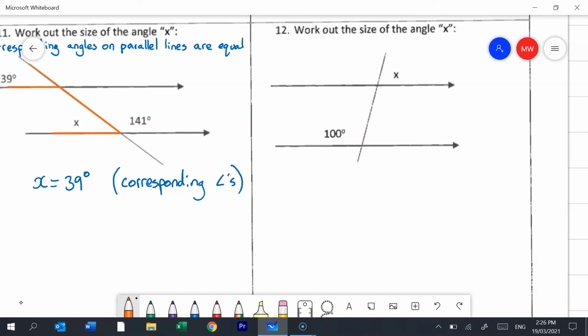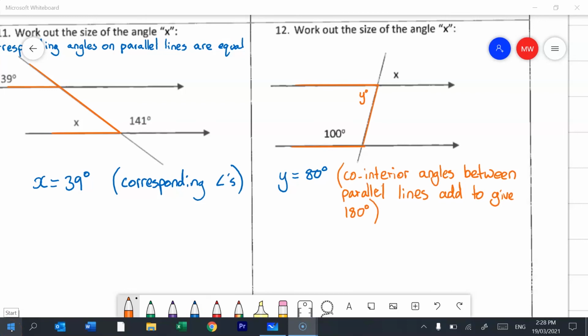I think I'm going to use a y here because now I can tell you that y is equal to 80 degrees because of co-interior angles. So co-interior angles between parallel lines add up to a total of 180 degrees.